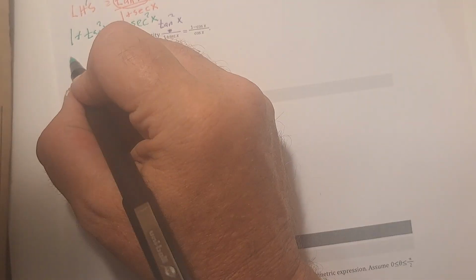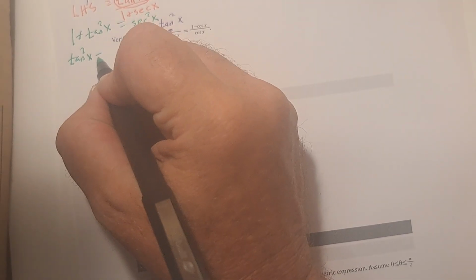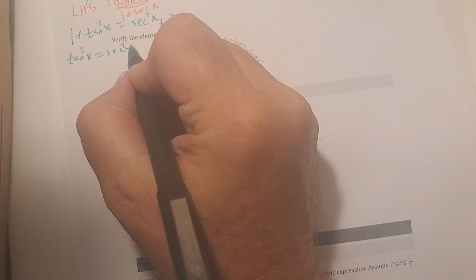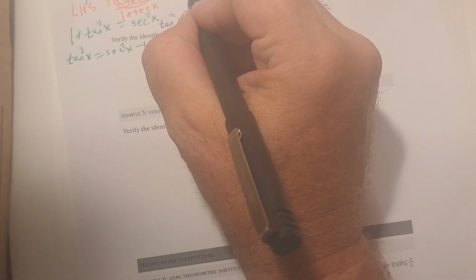So if you solve for tangent squared by itself, that would be tangent squared is secant squared minus 1. So we're going to replace that top with secant squared minus 1. And the bottom is secant x plus 1.